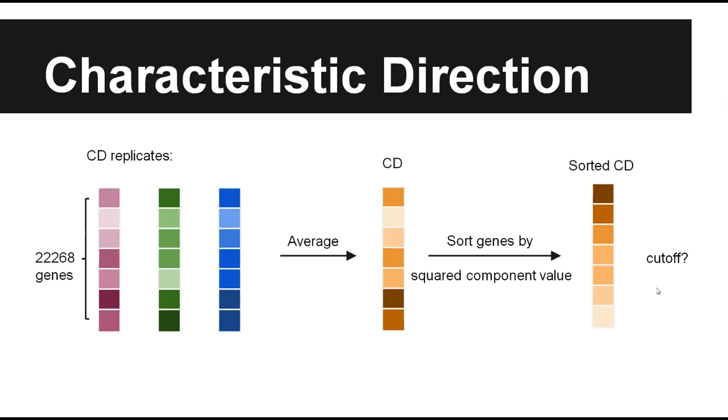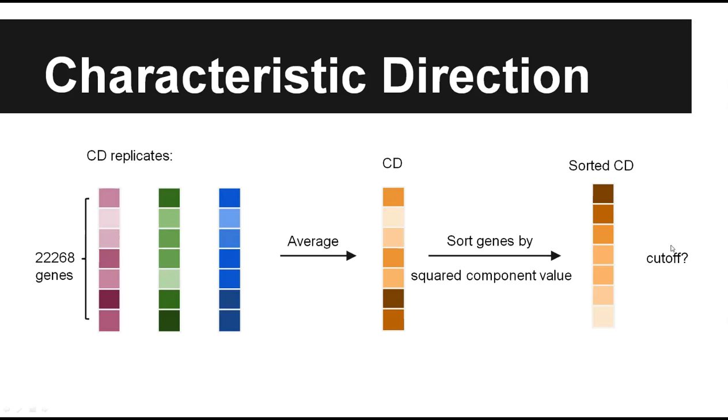But we need a cutoff to tell us up to which place we can say these genes are significantly differentially expressed. If you read the original characteristic direction paper, it provided a null Gaussian distribution to estimate this cutoff.